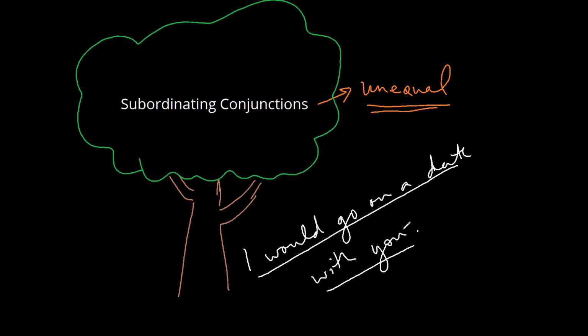Now, a subordinating conjunction allows us to add something to this trunk of the tree, right? You can do away with everything else, but you still need a trunk. So if we think of the dependent clause that we're going to add as the branch of the tree, then we could say something like, I would go on a date with you if you pay. And this is a dependent clause, so it cannot stand by itself. It's the subordinating conjunction if that makes it dependent. So the idea of the tree branches is that if you didn't have the trunk, then the branch would just fall to the ground.